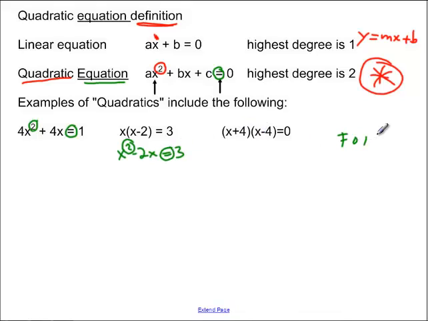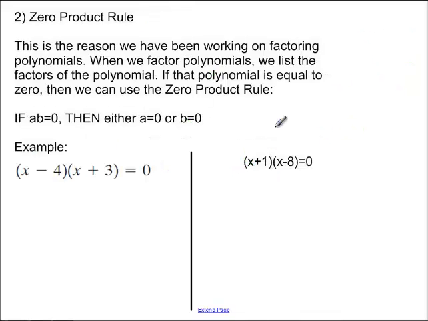We could FOIL this out, but we don't need to, because we can recognize from the previous section that x plus 4 times x minus 4 gives us x squared minus 16, and then equals 0. So again, quadratic equations. All these are quadratic equations. We've just got to pay attention to what we've got and solve accordingly. All right, so that's a quadratic equation.